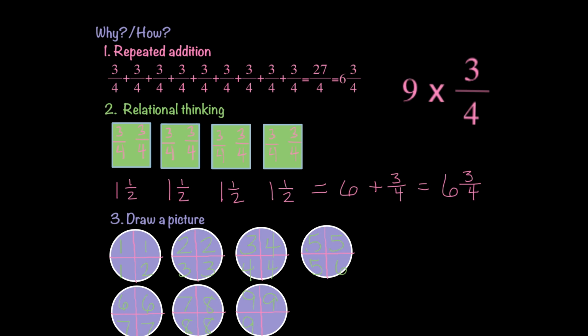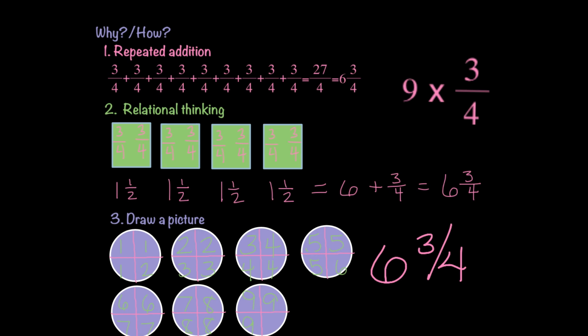Now when I do that, I am still getting the whole number 6 because I have 6 complete circles filled in. So my whole number is still 6. And then I have 3 parts out of 4 in that last circle. So my answer is still 6 3/4.